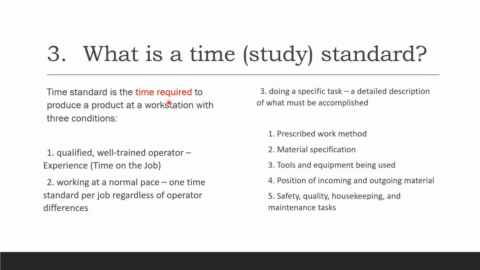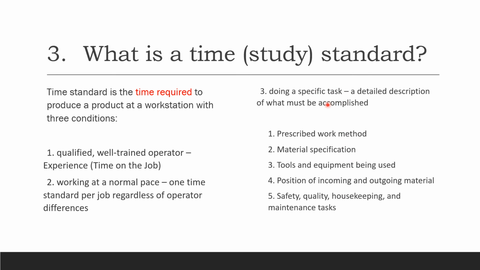Take a look at it. For this time standard, doing a specific task, take a look at the prescribed method, material specification, tool, position of material, safety, quality, housekeeping, and maintenance tasks. All of these, 1 to 5, are what we consider when we study a particular activity or task.